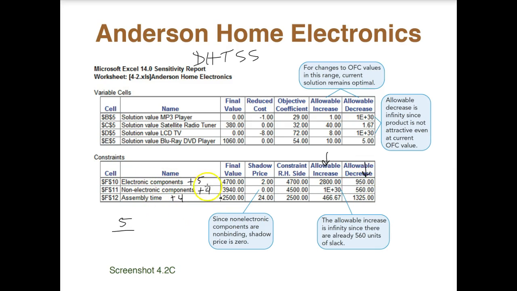So what's actually going to happen here is if we add on this particular product, then we're taking away components from the other ones. So this is going to actually fit within the decrease model here, okay? And of course, for assembly time, we're taking away 4 hours from the other components. So that's why we would look here.